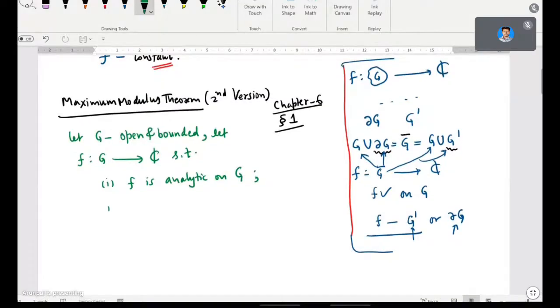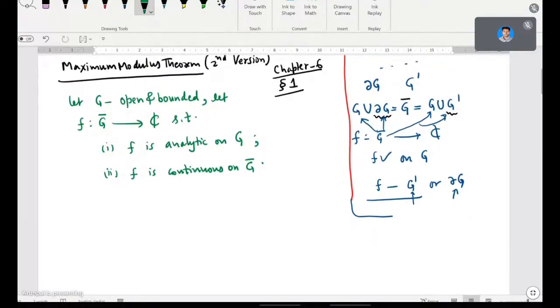And number two, it is given to you that f is continuous on G bar. So the function is analytic on G, and it is continuous on G bar.